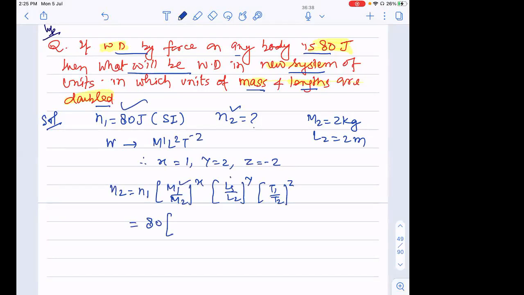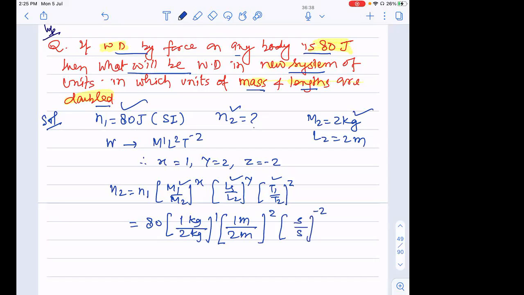Mass 1 जो है, they are all SI unit. Mass is in 1 kg, only kg you can write, and new system of unit 2 kg, double. Power is 1. Length is 1 meter in SI unit, and new system of unit 2 meter you have to take. Y is 2, and time nothing is mentioned, it means seconds in both.